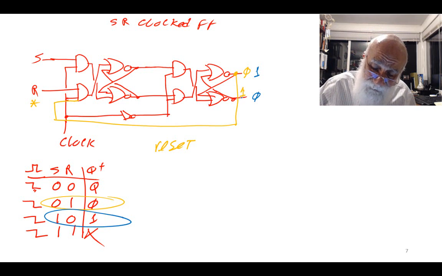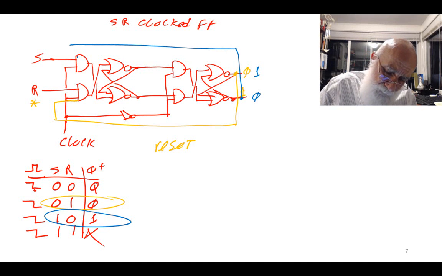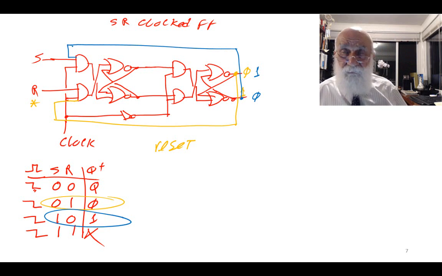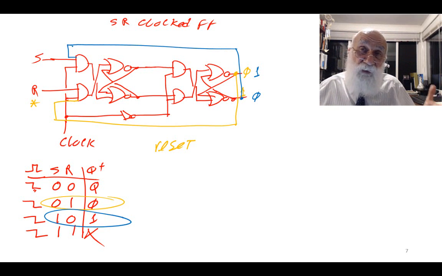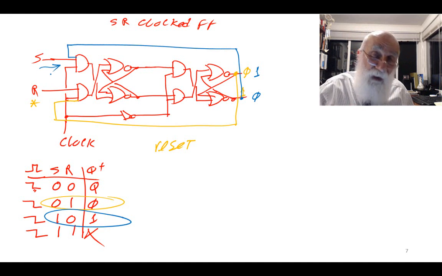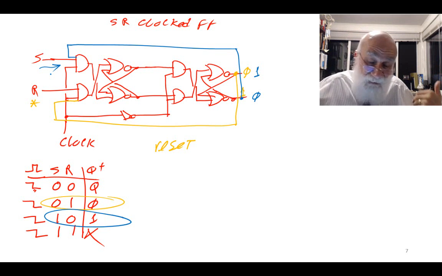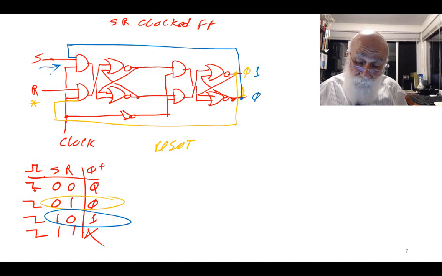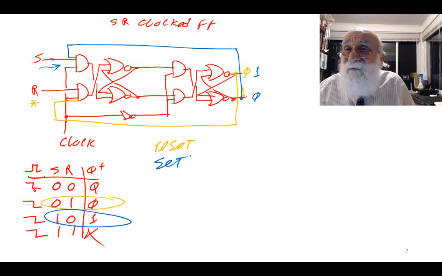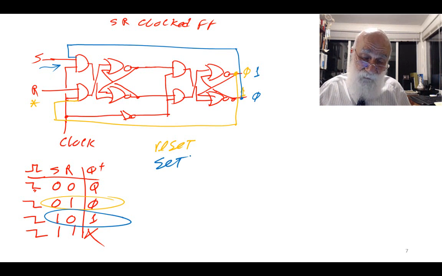So you shouldn't complain if I take this 0 from here, feed it back here, and put it into this gate. I put it into an AND input, and because it's 0, it's not going to allow S to propagate. Well, that's fine, because my circuit is already set. I cannot set something more than set. Or I cannot reset something more than set in the orange case. So, in effect, I haven't done anything wrong.